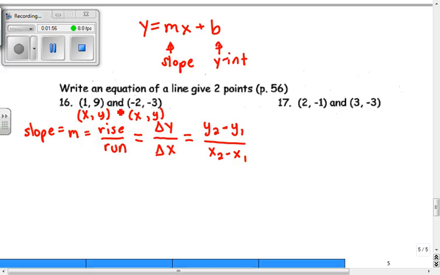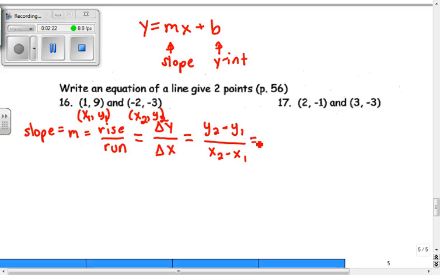But since we have 2 of them, I can't just say what is x. I've got to be more specific. So I've got to give them a last name of sorts. It doesn't matter which one I pick to be family 1 and family 2, but I'm going to say this one's point 1. So it's going to be x1, his y is 9, his y has to have the same last name, so it's y1. This one's going to be x2, so this one's y2.